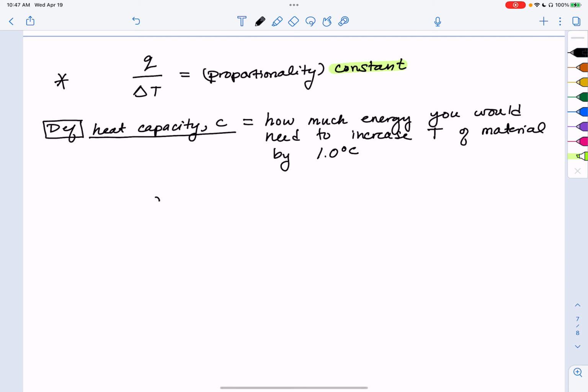So I could say that Q is equal to, well, let's keep going with our math.